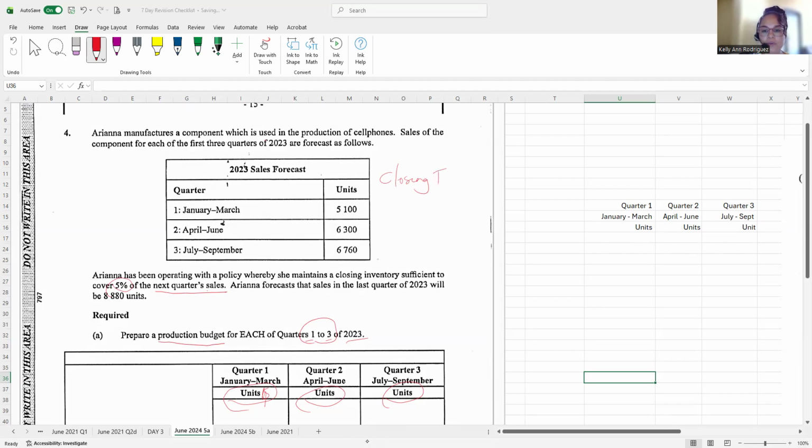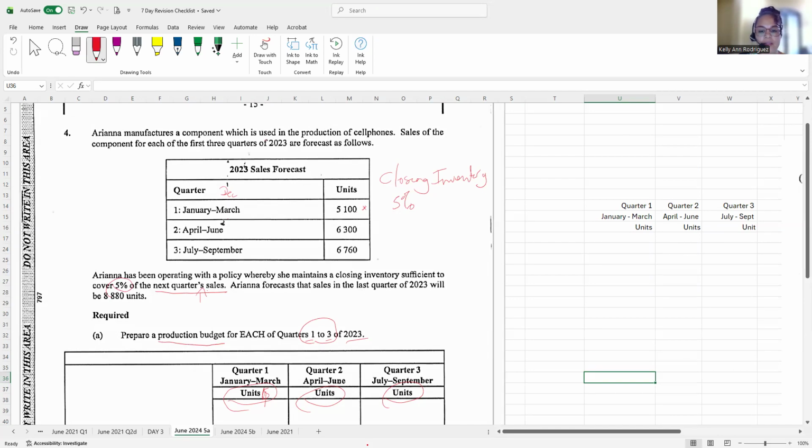So she maintains a closing inventory of 5% of the next quarter. So in the quarter ending in December, she would have a 5% closing inventory. So the opening inventory for January to March would have been 5% of what she estimated to have in January to March. I hope that makes sense.